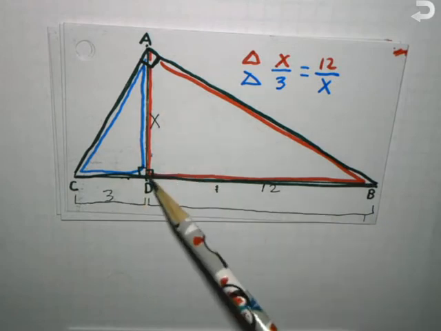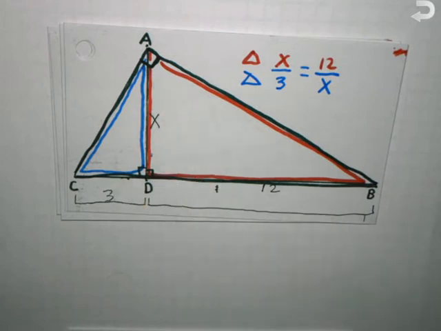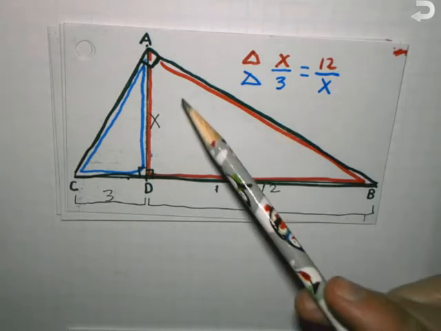The first thing you need to find out is what two triangles share the side that you're trying to find. So what two triangles share this variable that we're trying to find?